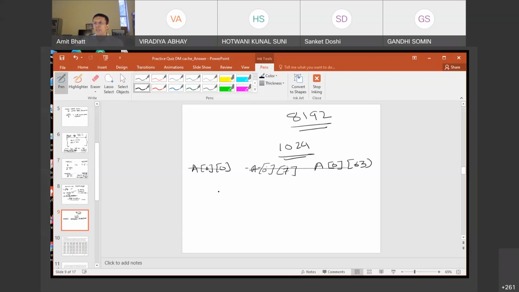So which would be the first block? Someone has said that every I plus 16th will overwrite the element. Someone has said this, and I want everyone to verify, not just take his or her answer as final.